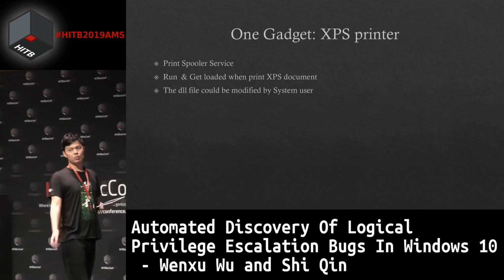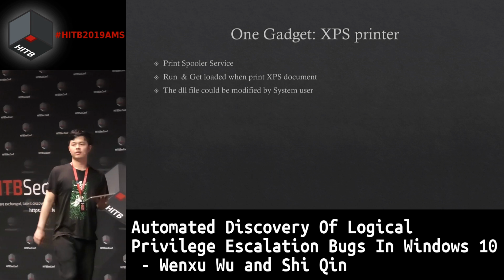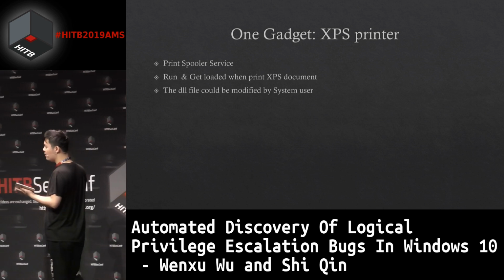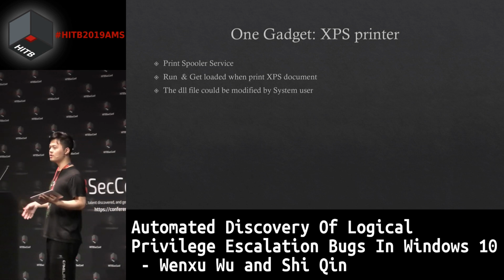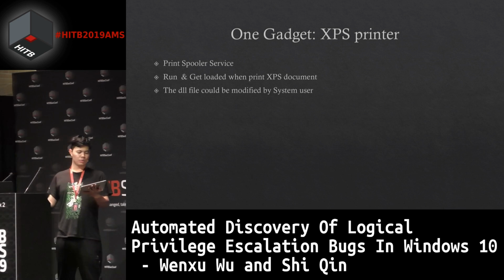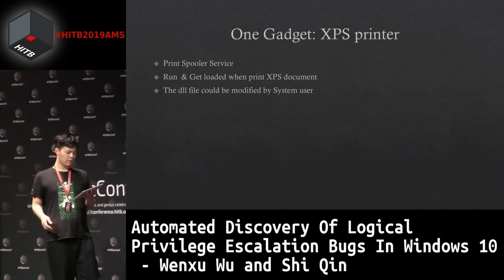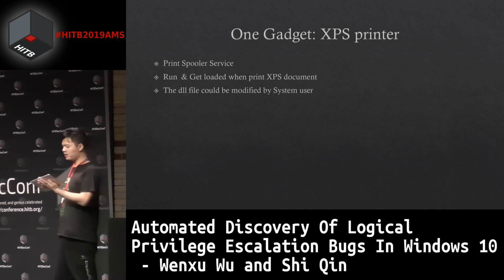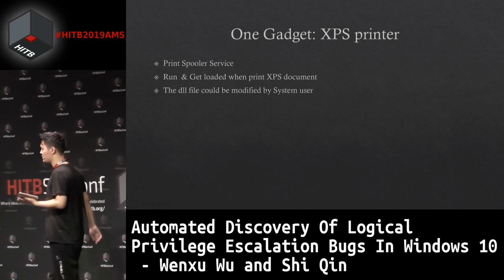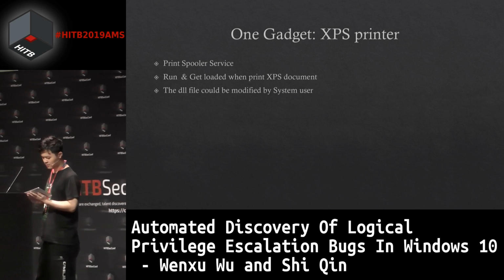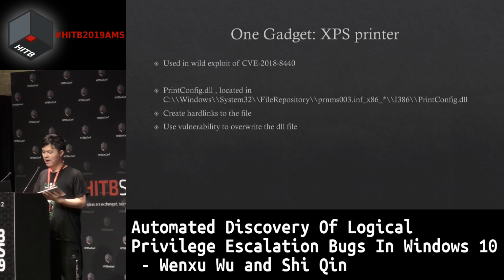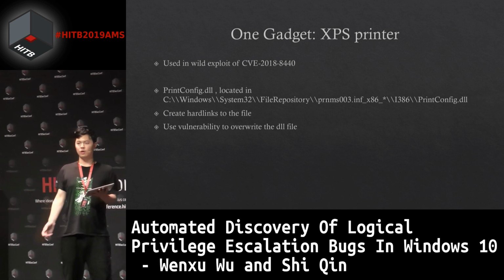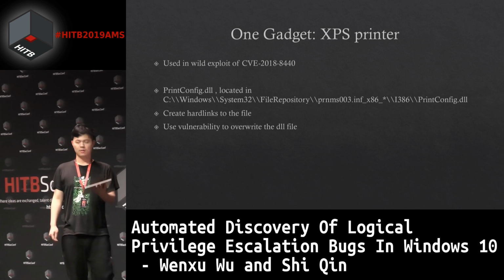So we get one gadget, the XPS printer. It is called Printer Explorer Service. It would get loaded when printing an XPS document. The DLL file could be modified by system users, and it was found in a wide exploit of these vulnerabilities.